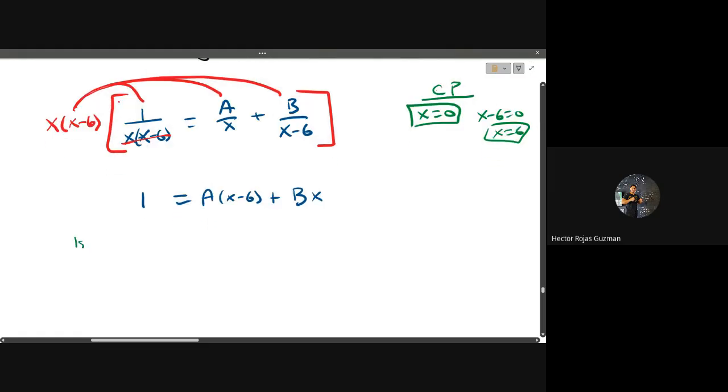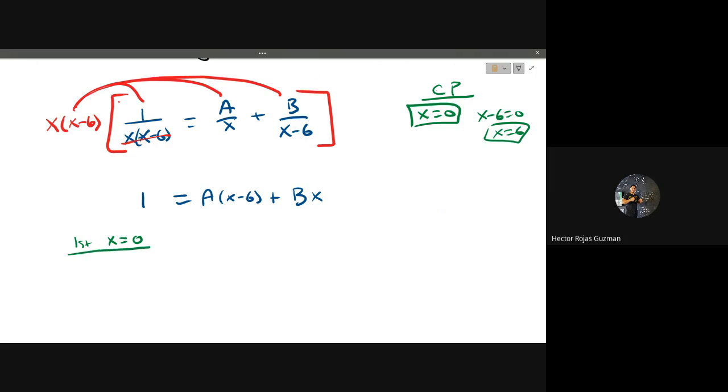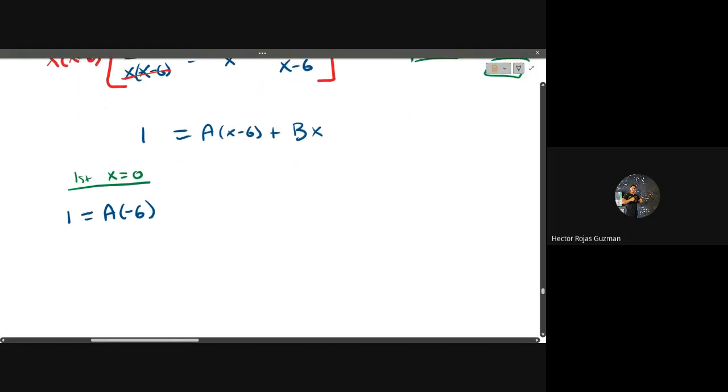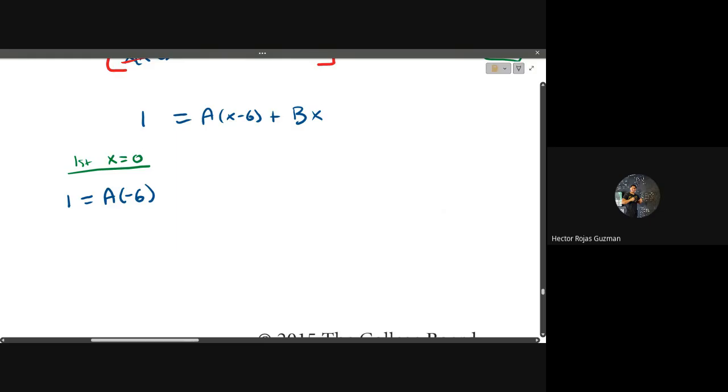First, what are we going to get when x is equal to 0? If I plug in 0, you get a times negative 6 plus 0. So then that means a is negative 1/6.